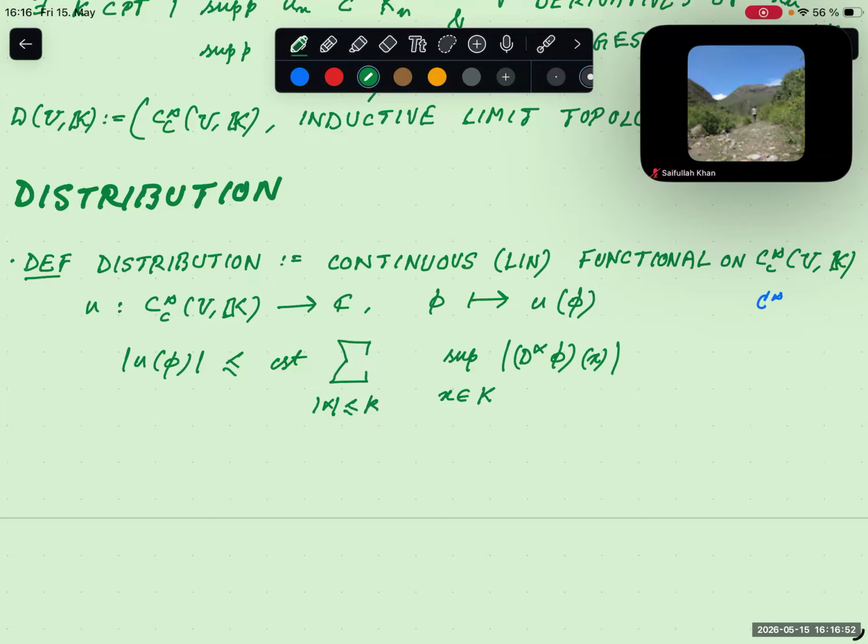So if this is true, then this is called continuous. Instead of compactly supported, you can also take smooth functions. Still this holds. So now you know linearity, you know continuity.